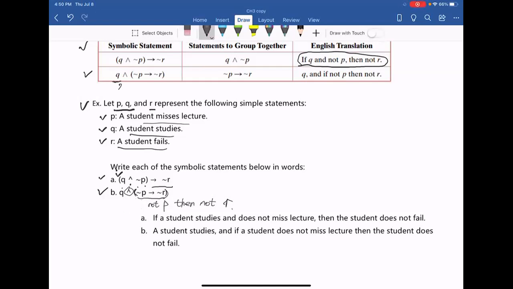If I have a comma in your expression, I can say this is Q, comma, and if not P, then not R. Oh, here is the expression. A student studies, and if a student doesn't miss lecture, then the student doesn't fail.